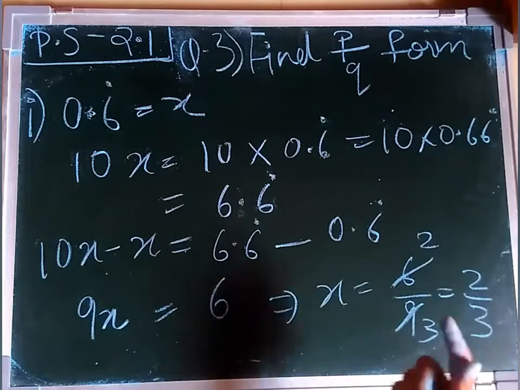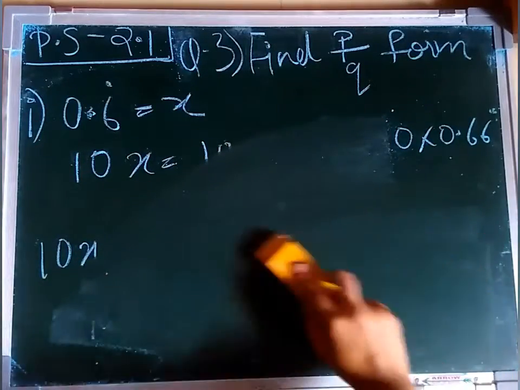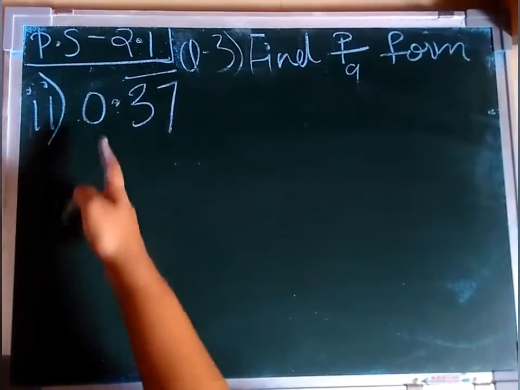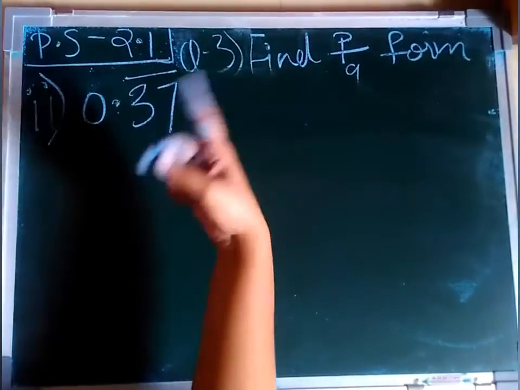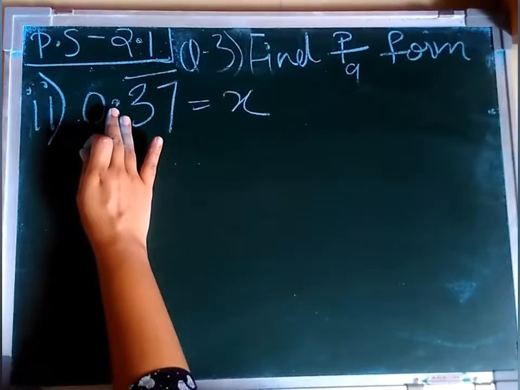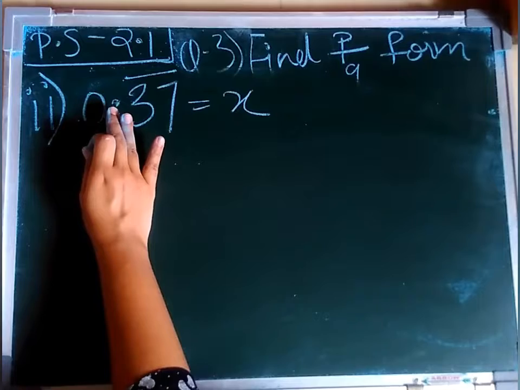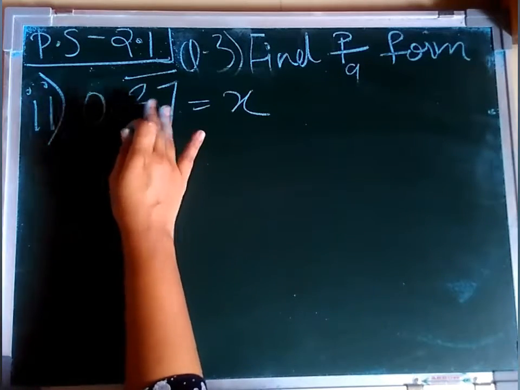Now let's do question number 2. In question number 2 we have to find the p by q form of 0.37 and 37 is repeating. So here let this be x. Now to get rid of this decimal point, first step is, after the decimal point there are two numbers and these two numbers are repeating.